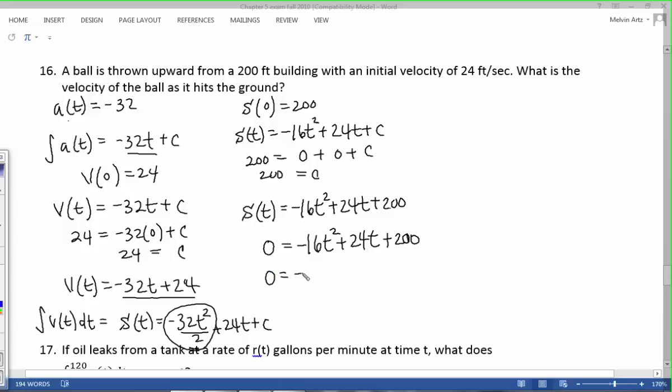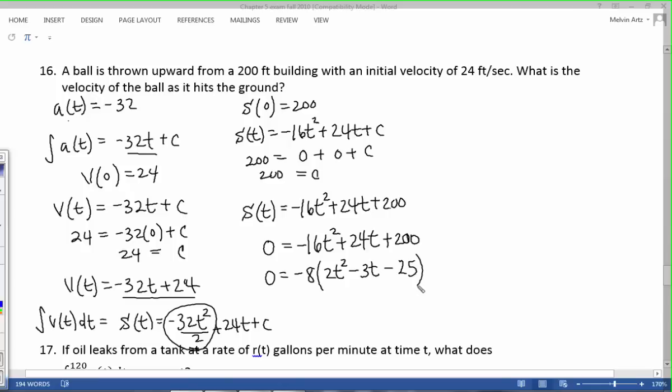Let's see, it appears that 8 could be factored out. So we'd have 2t squared minus 3t minus 25. But that doesn't look like it's going to be factorable.